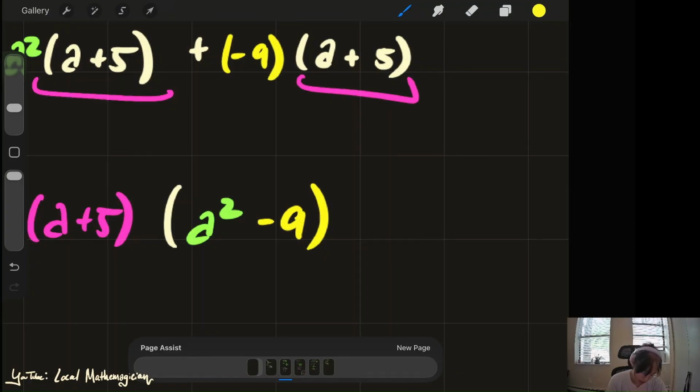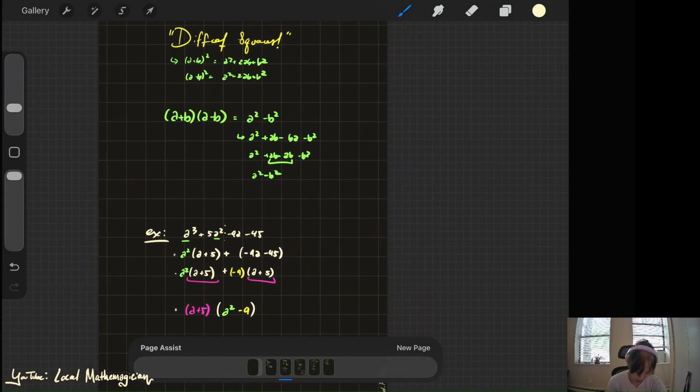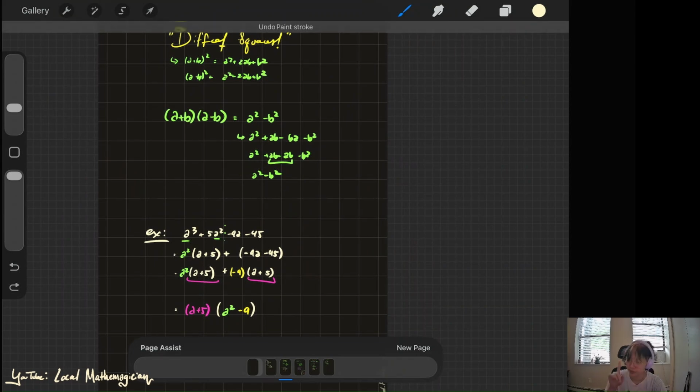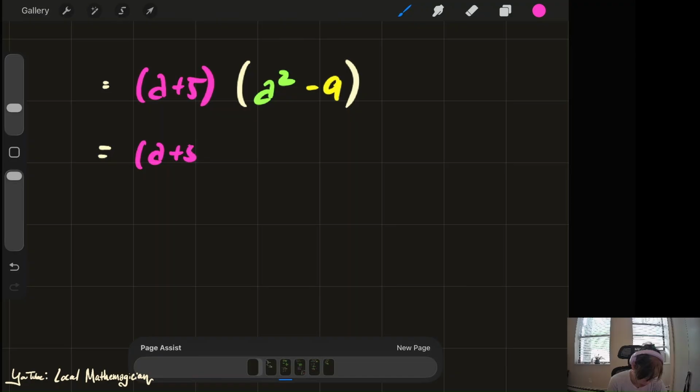And you're going to be like, oh, but Amanda, where does the difference of squares come in? Do you see this? You can write this as a plus 5, right?